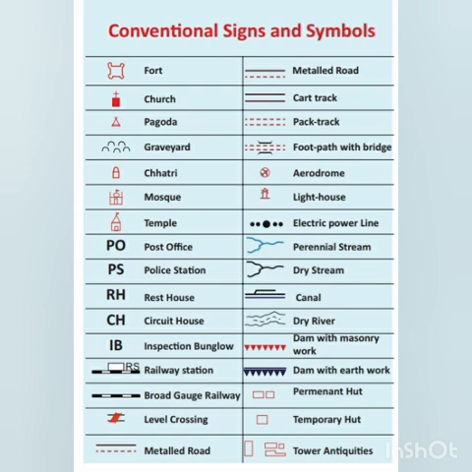To understand the information given on the map, it is necessary for us to learn and follow the signs and symbols that are used universally. These signs and symbols keep the map clean, make our map look beautiful, and make it easy to read also. So, these signs and symbols are very useful, and we should learn all of them.